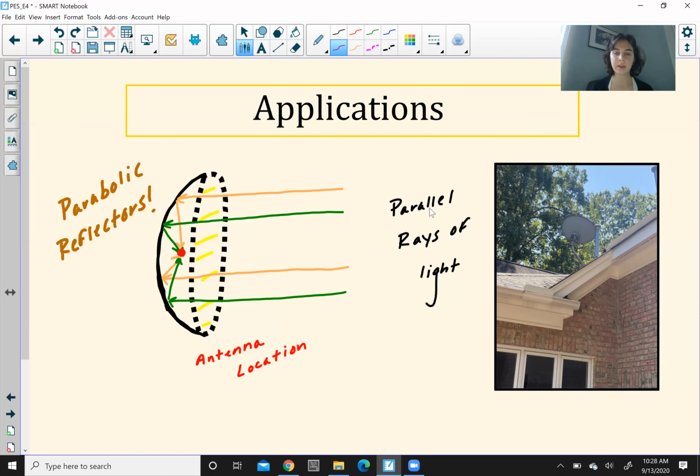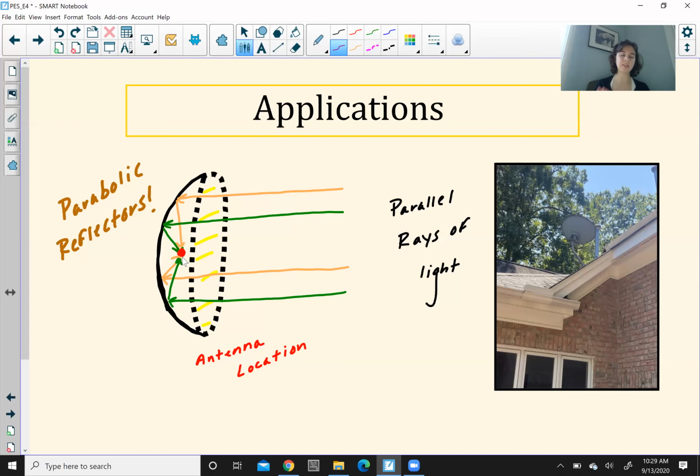Basically, if you have parallel rays of light, in this case, it would be radio waves, which travel a very long distance to get to this TV dish. These parallel rays of light, they're going to approach your TV dish. They're going to hit the inside of the dish, and then they're going to bounce off and hit the focus.